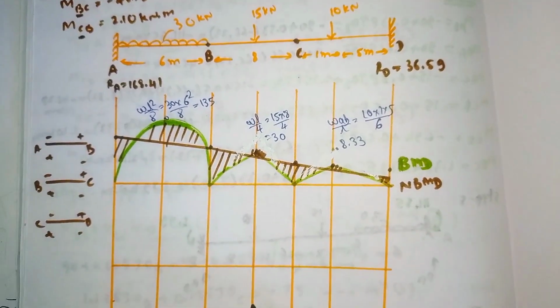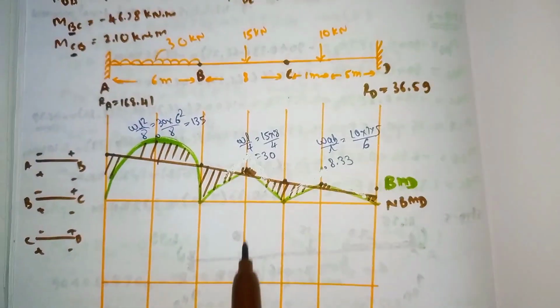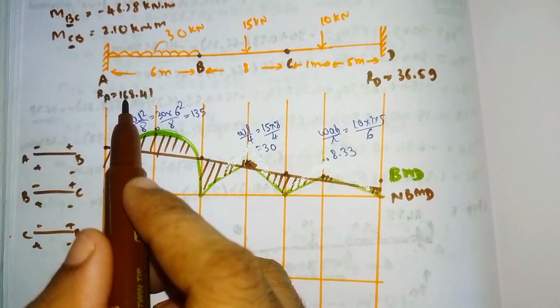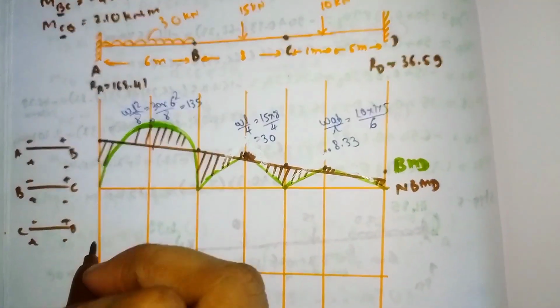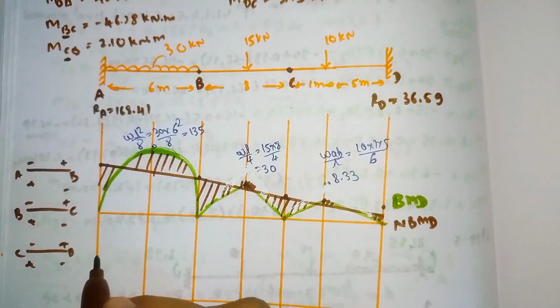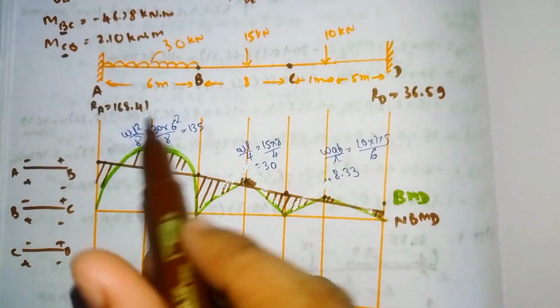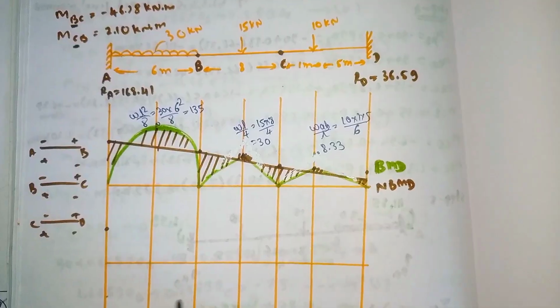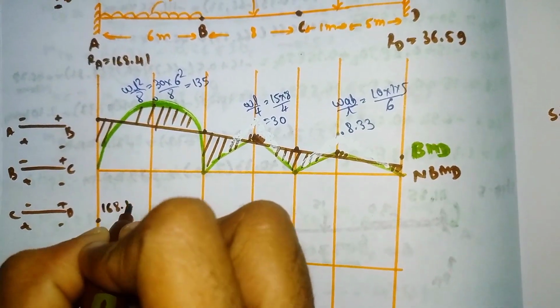So now we'll go for the shear force diagram by using the reactions. So the reaction RA value is 168.41. So 168 means it comes here. And from point A to B, when UDL is there, UDL means it always comes as a negative value. The diagram will come like this, 168.41.